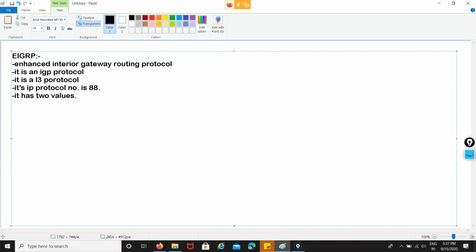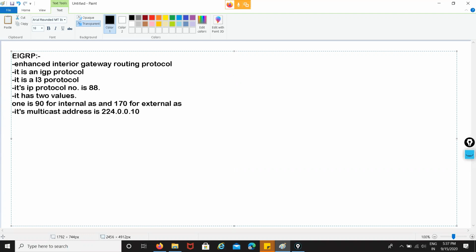One is 90 for internal AS and 170 for external AS. Its multicast address is 224.0.0.10.